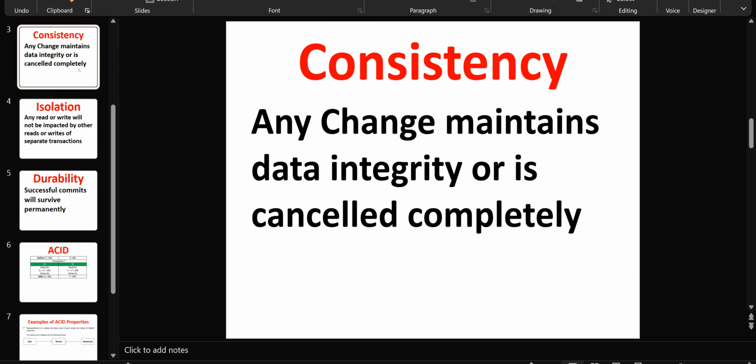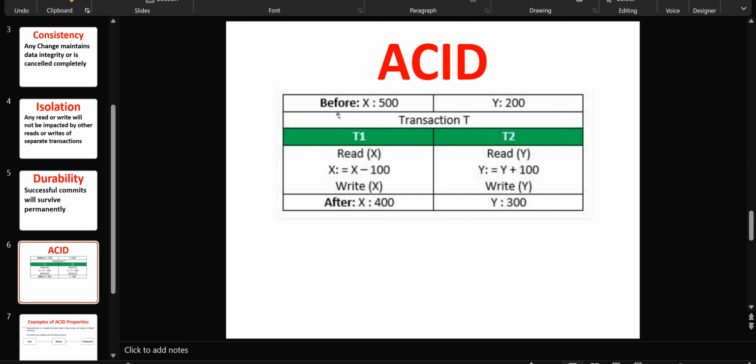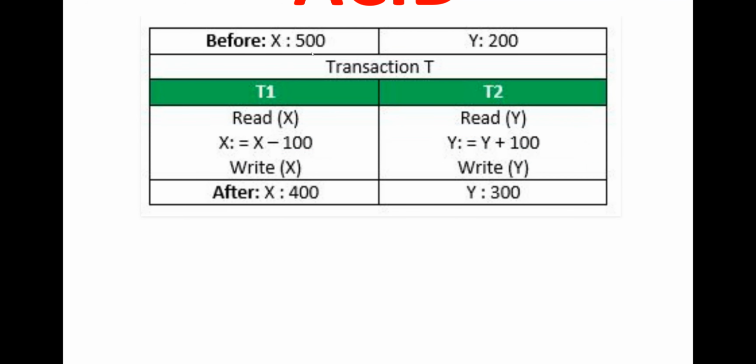And then after atomicity, we have consistency. What consistency means is that the changes that are made are not affecting the data integrity. Otherwise, if it is affecting the data integrity, then the transaction will be cancelled. What does that mean? Before transferring the money, your balance is 500 in the X account, and your balance in the Y account is 200.